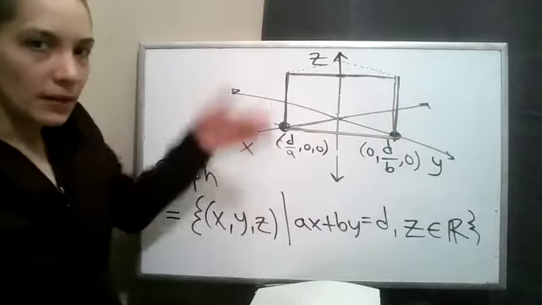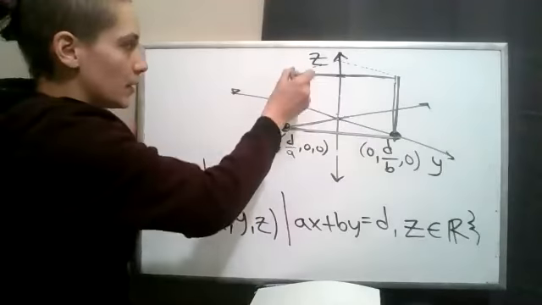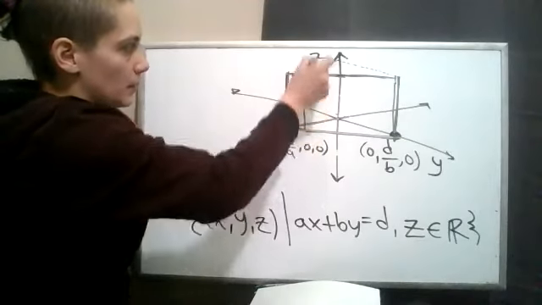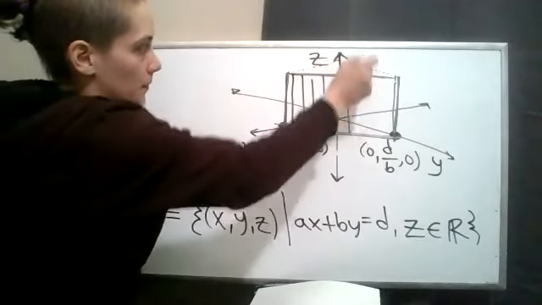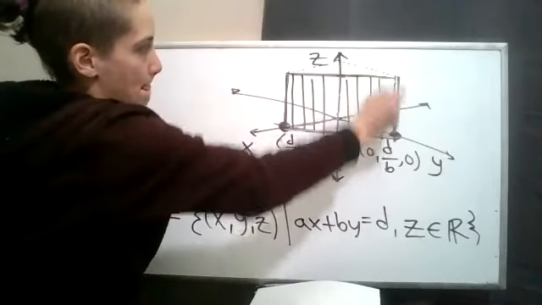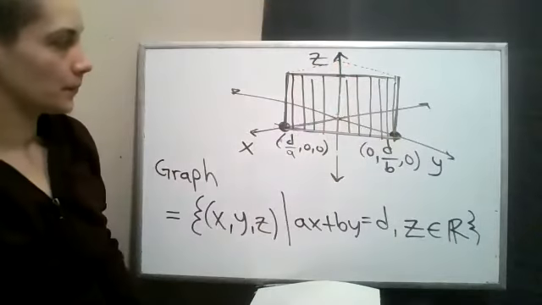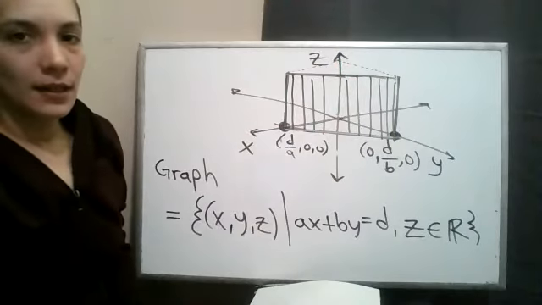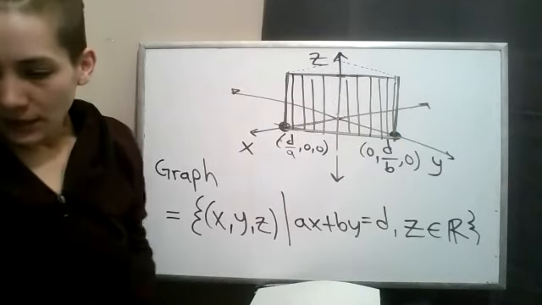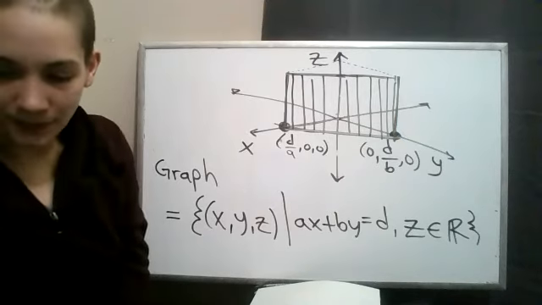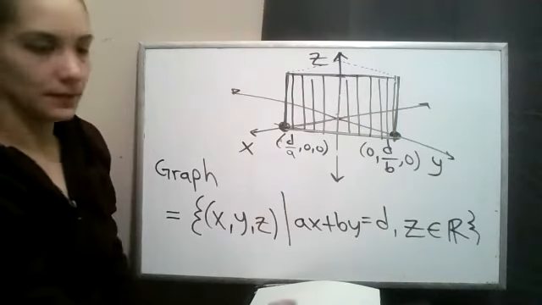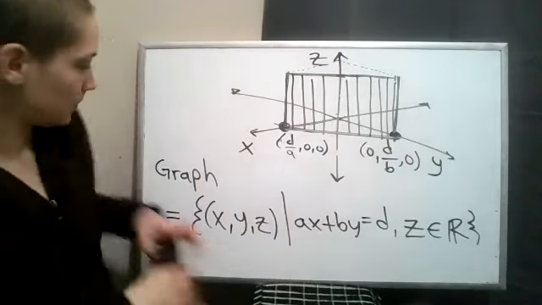And then I put up and down lines, so z can be any number going up and down. Okay, next one is the plane.